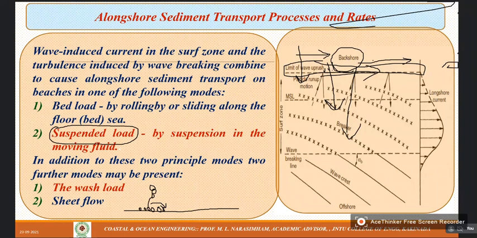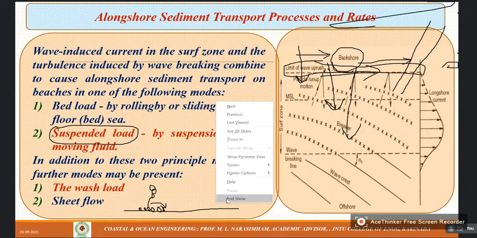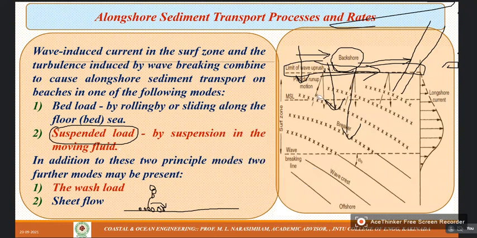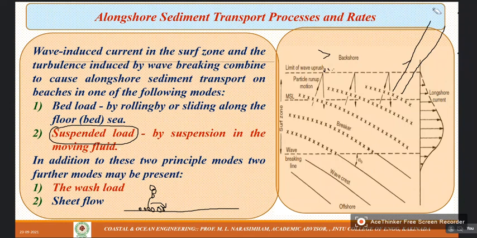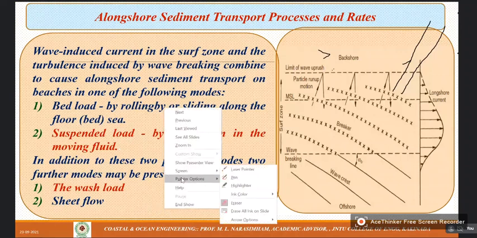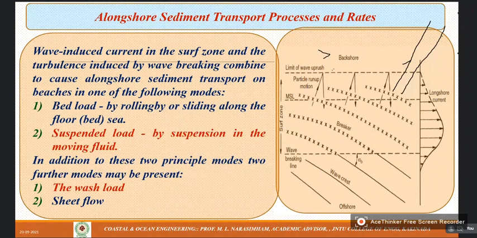The wash load, what happens is, now this is the shore. Now from somewhere, rivers will be joining the ocean. So when the rivers join the ocean, they will be carrying certain material, fine material and coarse material also.